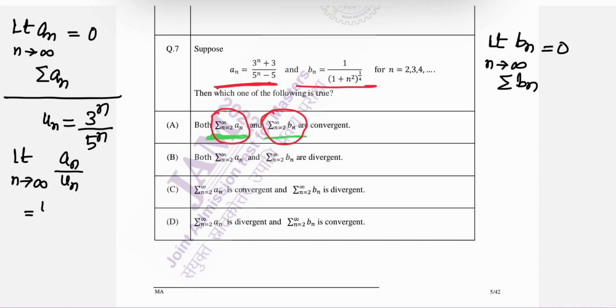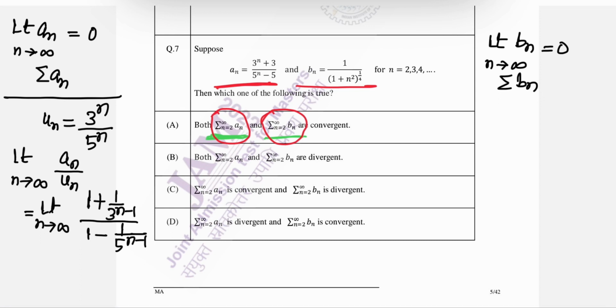Then this will be LT n tends to infinity, 1 by 3 to the power n minus 1, by 1 minus 1 by 5 to the power n minus 1.